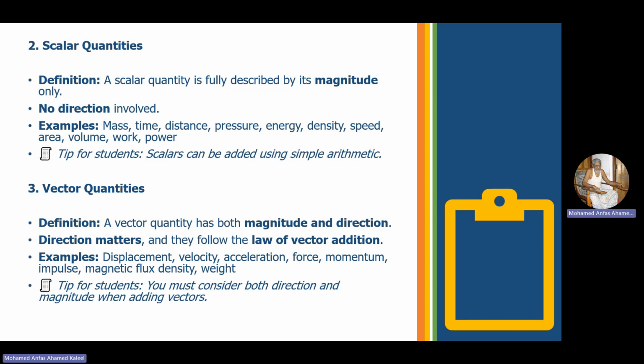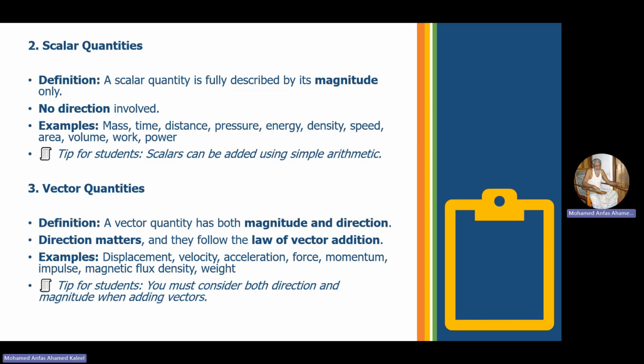For scalar quantities, you can simply add the magnitudes using simple arithmetic. But in the case of vectors, you have to consider both direction and magnitude.